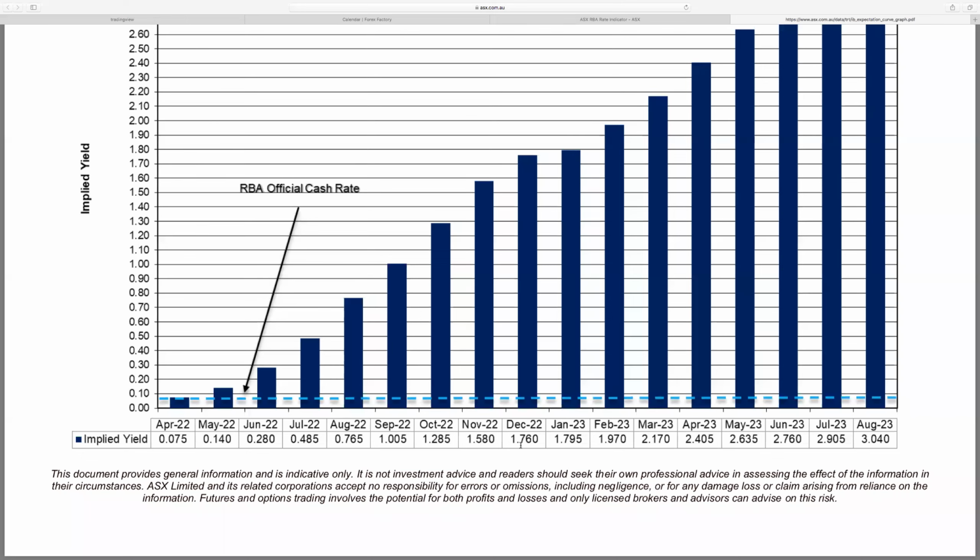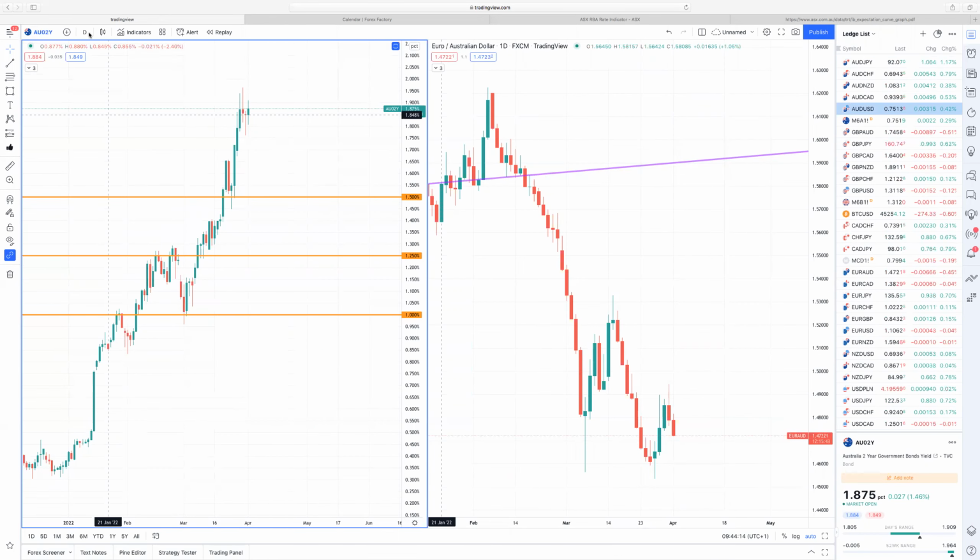No, it's actually pricing in what it will be for about next year, for January, February next year. So you can see how far the 2-year yield is tracking, about a year out. And as it moves higher and lower, you can expect that the AUD will move with it across the crosses. So that's something to consider.